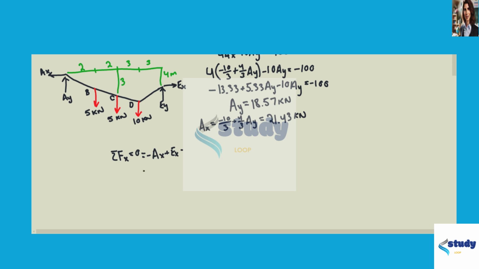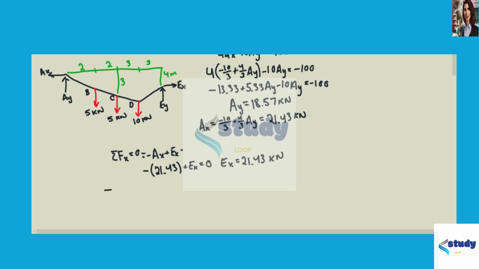All right, so we can plug in the value we just obtained for AX, which is 21.43, plus EX equal to 0. So EX equals 21.43 kilonewtons.